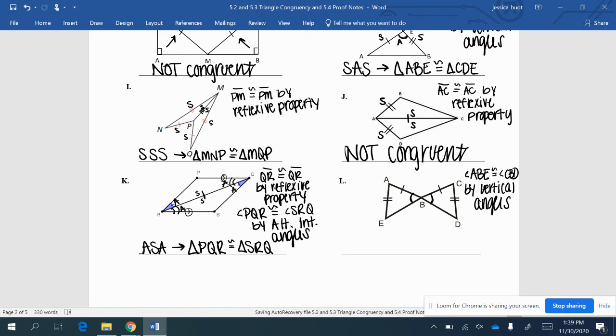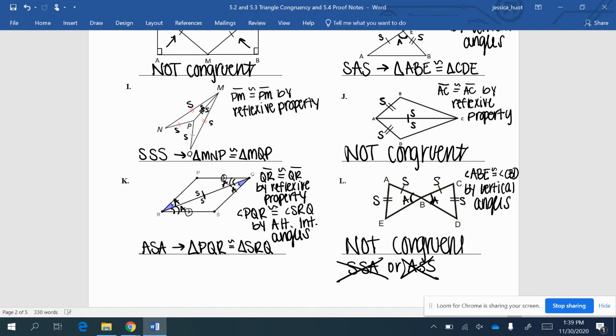Okay, and then if I go in a row, I have a side here, side, side, angle, angle. Okay, so this would be SSA or ASS, and that is no good, so not congruent. Remember, bad words are not allowed.